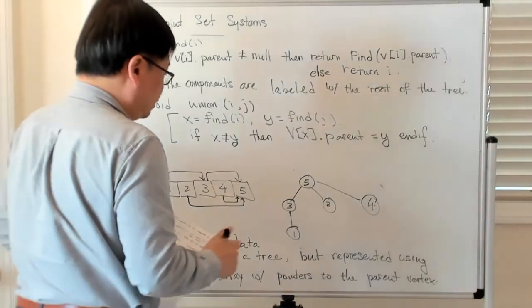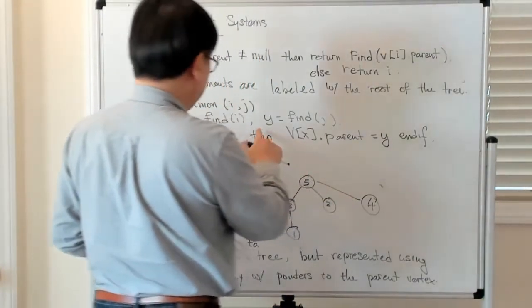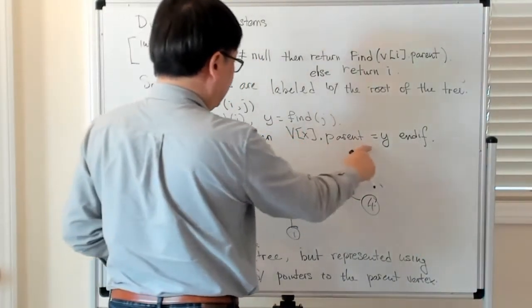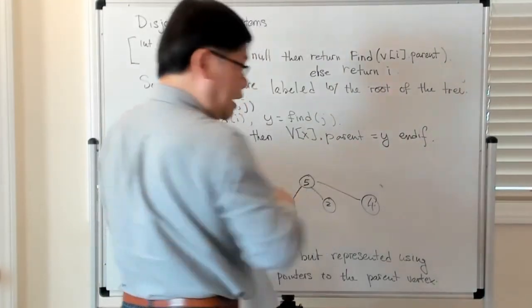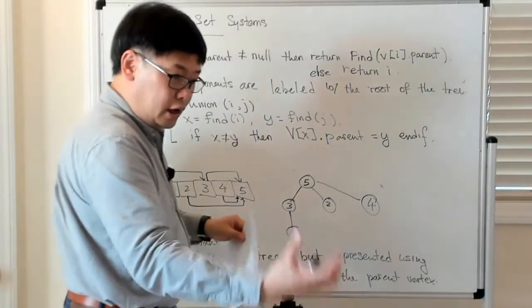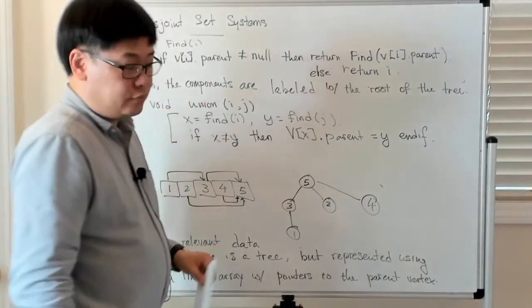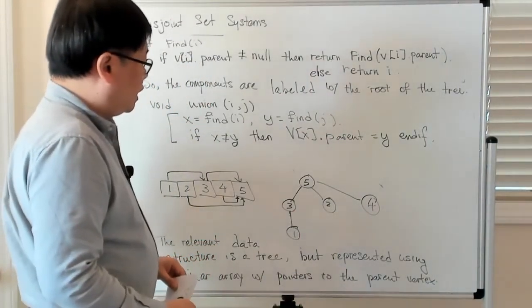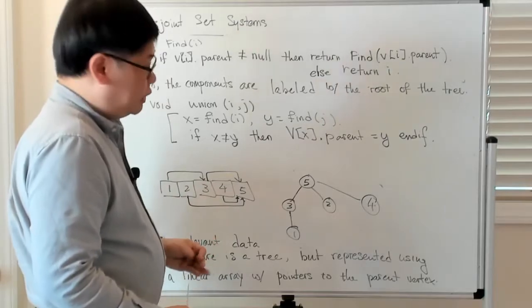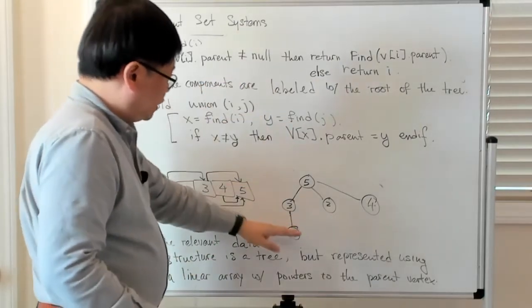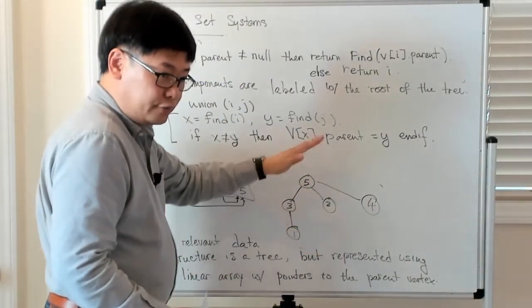Here, I've made an arbitrary choice about which set I'm going to graft into the root of the other. If you wanted things to be more efficient, note that the find operation depends on the depth of the tree.